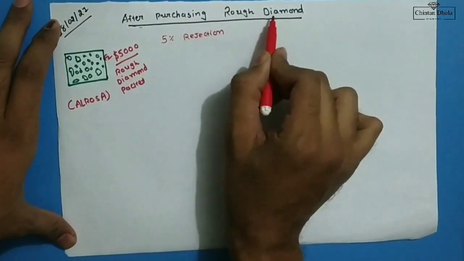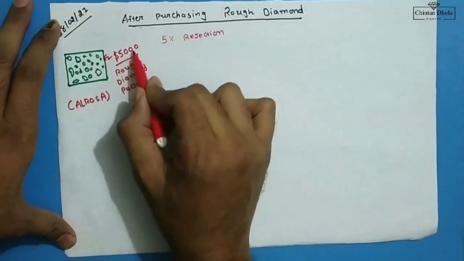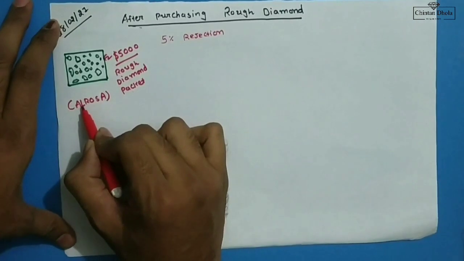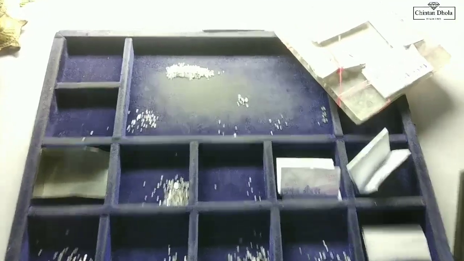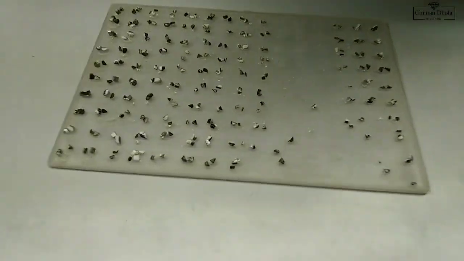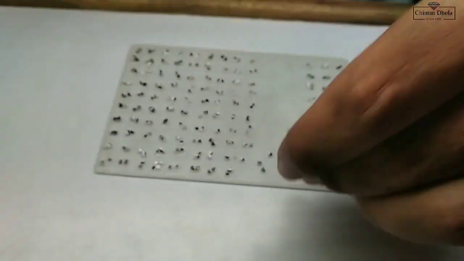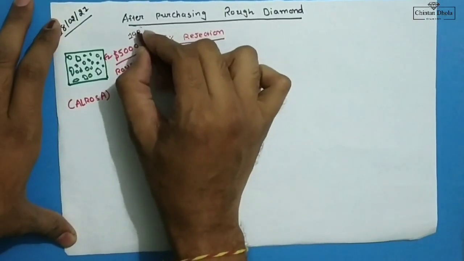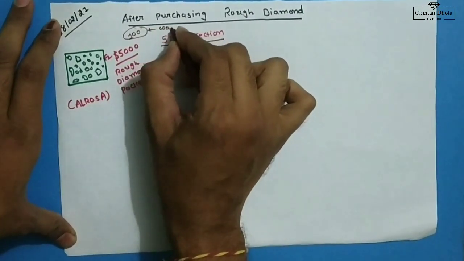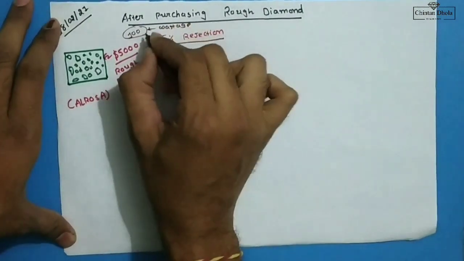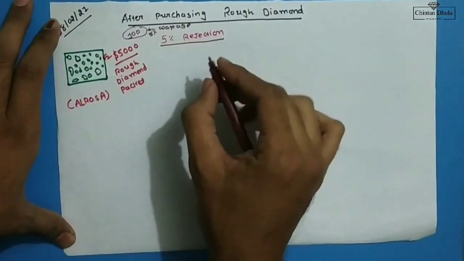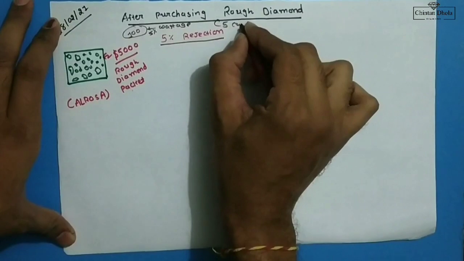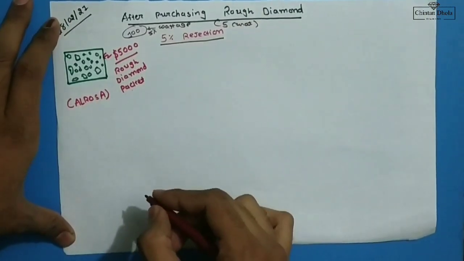Like after purchasing the rough diamond, as you can see here, a $5,000 rough diamond packet of Alrosa, we get 5% rejection diamond from it. 5% rejection diamond, in the sense 5% from 100 carat is totally wastage. Now 5% means 5 carat is totally wastage.